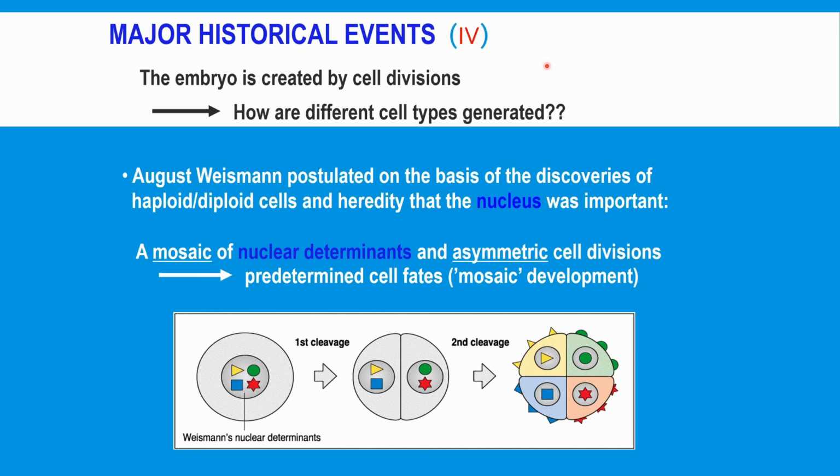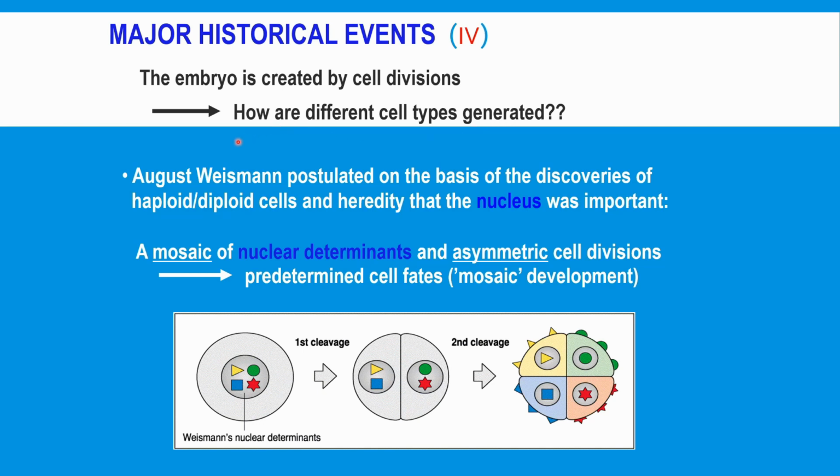So people had accepted that the embryo was created by cell divisions. This begged the next question, building on this observation: how are the different types of cells generated that give rise to the fully formed adult with, for example, these 200 different cell types and very different body composition in different parts of the body?